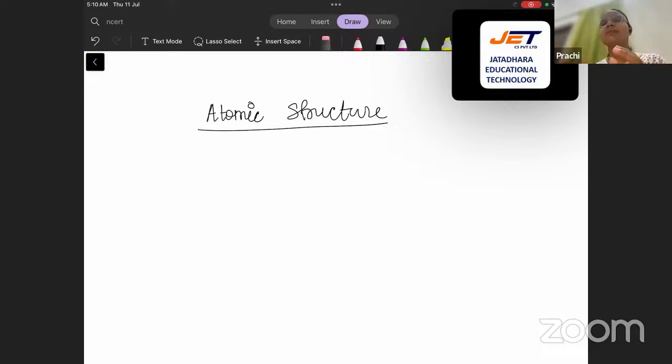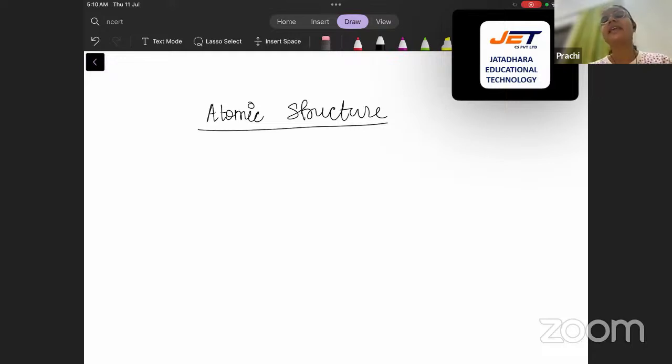So, in this chapter, we'll be learning about all those models, and also we will learn about the experiments that were conducted and what were some of the things which led to those particular models. And then finally, we will also learn about how do we write the electronic configuration for the elements that you see in the periodic table.